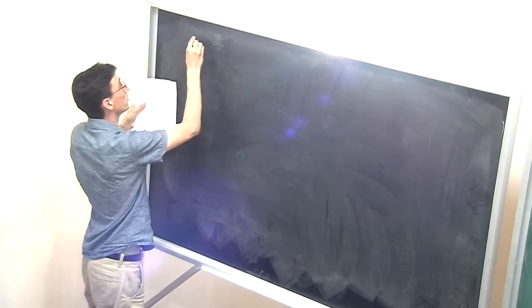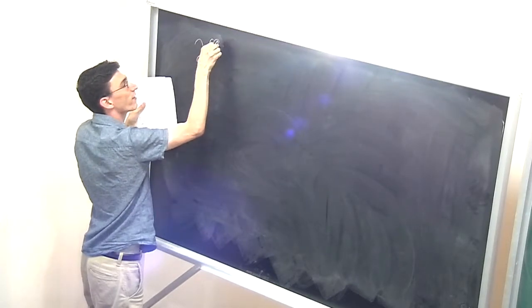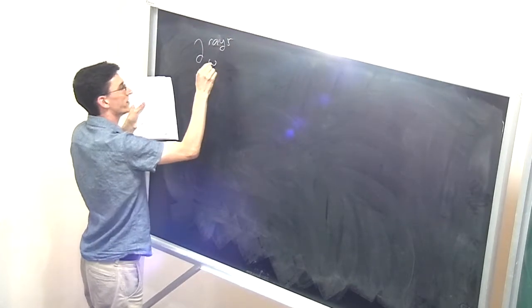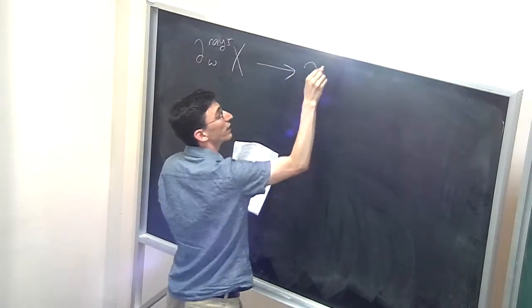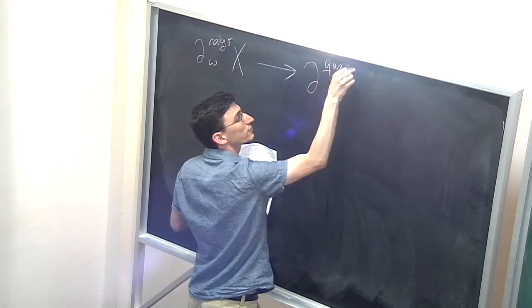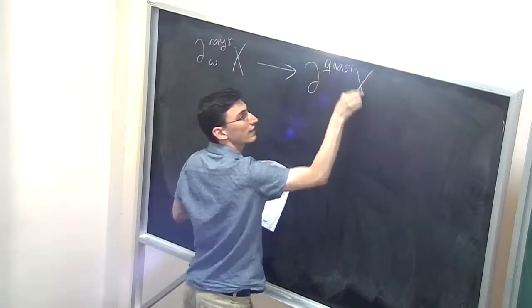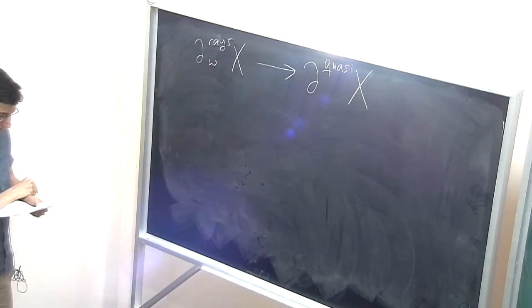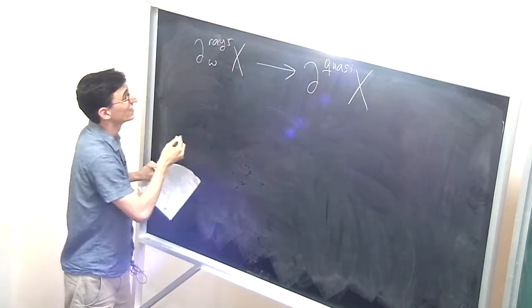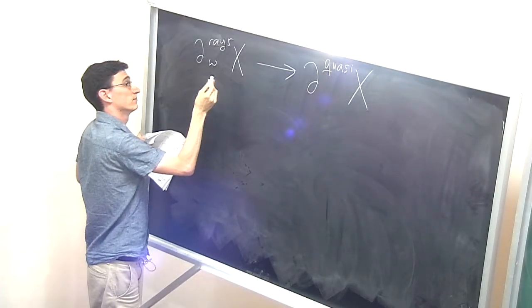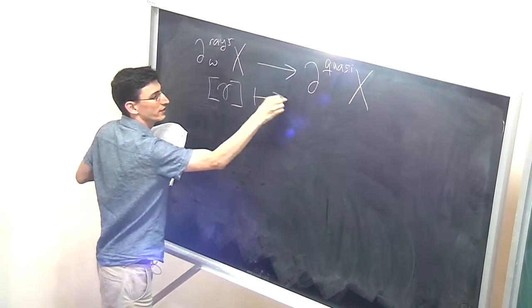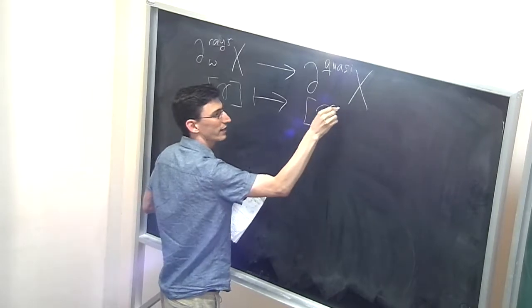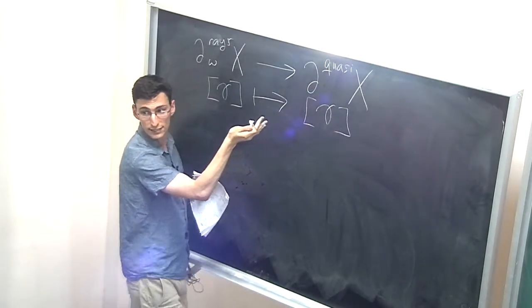I have my rays at w, and I want to send these over to the quasi-rays of X. How do you do this? We're just going to take your favorite geodesic and send it over, considering it as a quasi-geodesic.